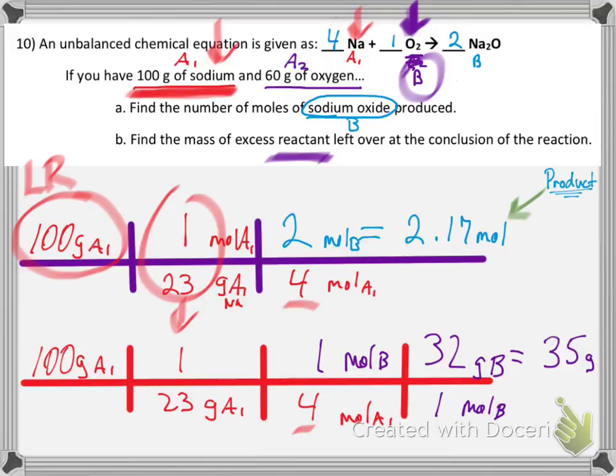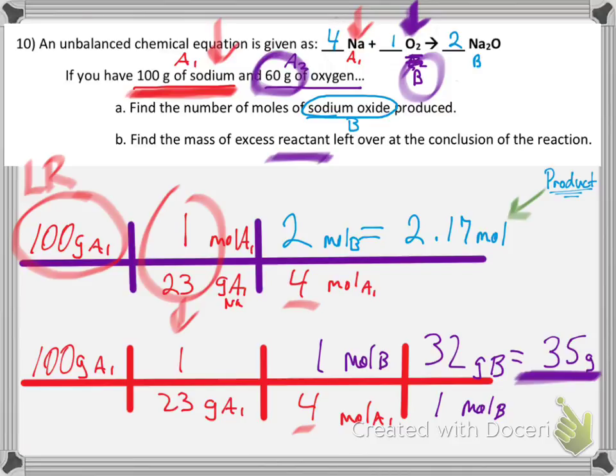I'm just going to round it up to 35. Make the math a little easier. And this is how much of the reactant is left over. It's asking us for how much of the reactant is left over. The 35 grams is how much of the reactant we used up. So that means that I got to take the 60 grams that I originally had.